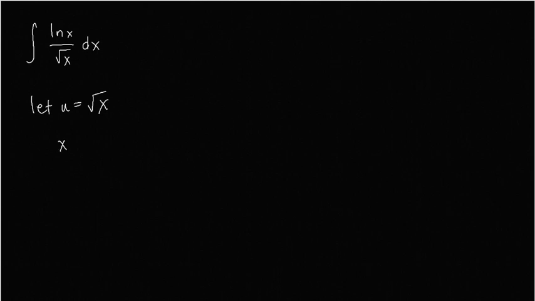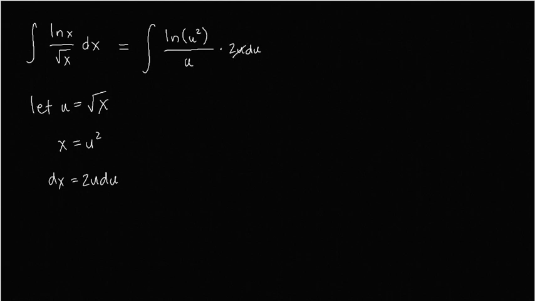So we have x equal to u squared, so that dx is equal to 2u du. And let us substitute everything here. So we have ln of x, but from here, x is equal to u squared, divided by square root of x, which is now u, and then dx is now 2u du. So the u cancels out, and factoring out 2 here, we have ln of u squared du.